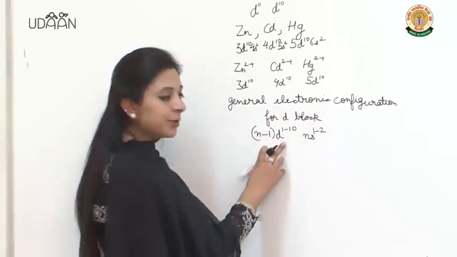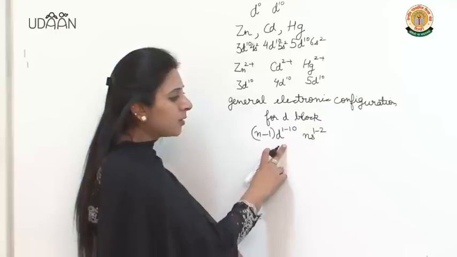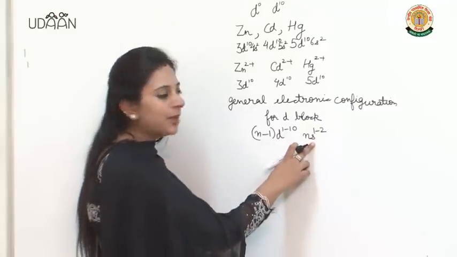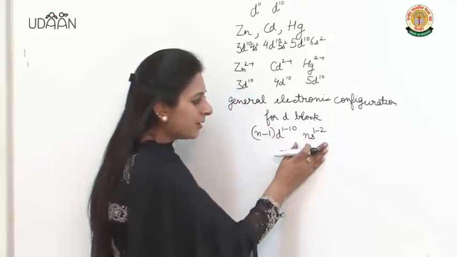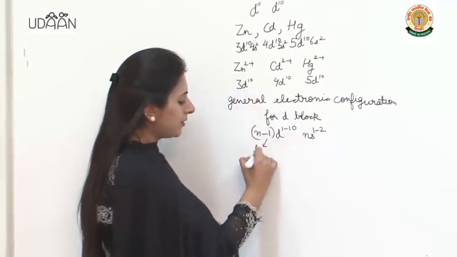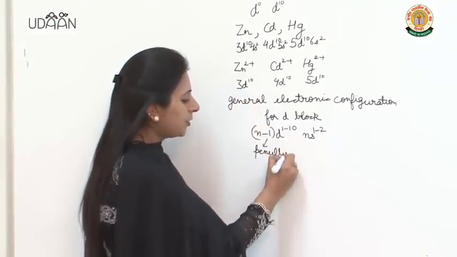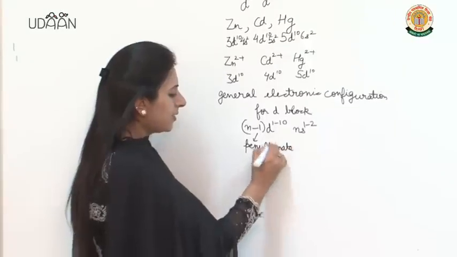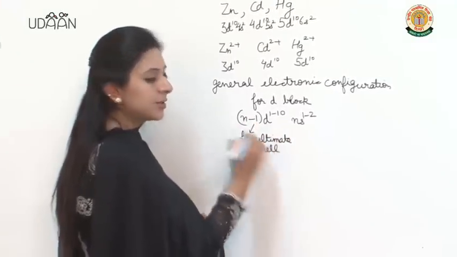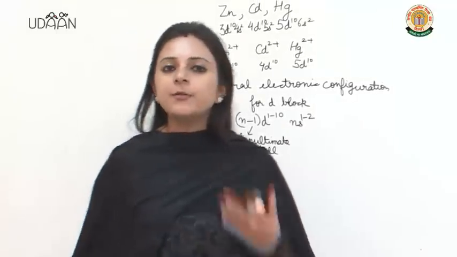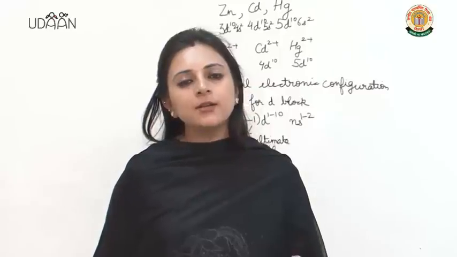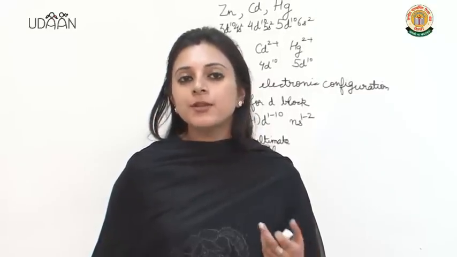So ये जो d orbital है, that does not belong to the last shell, it belongs to the penultimate shell, one shell before the last shell. Now there are different variations in the ionization enthalpies of these elements.